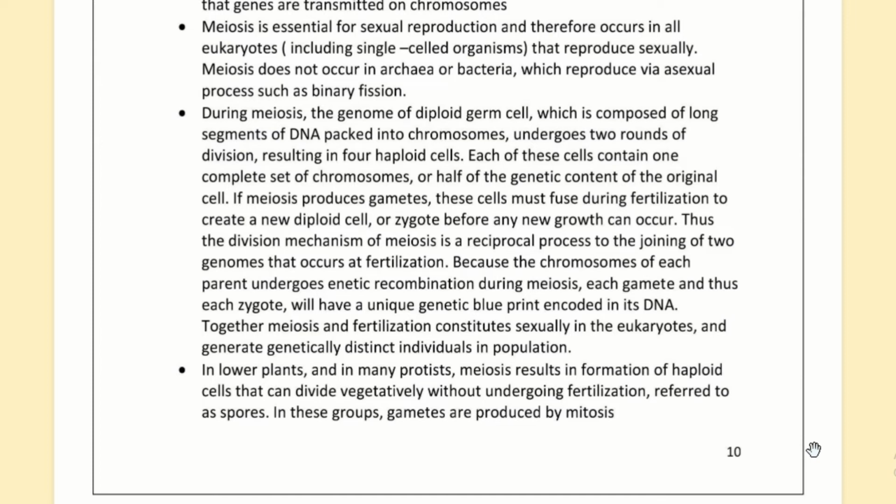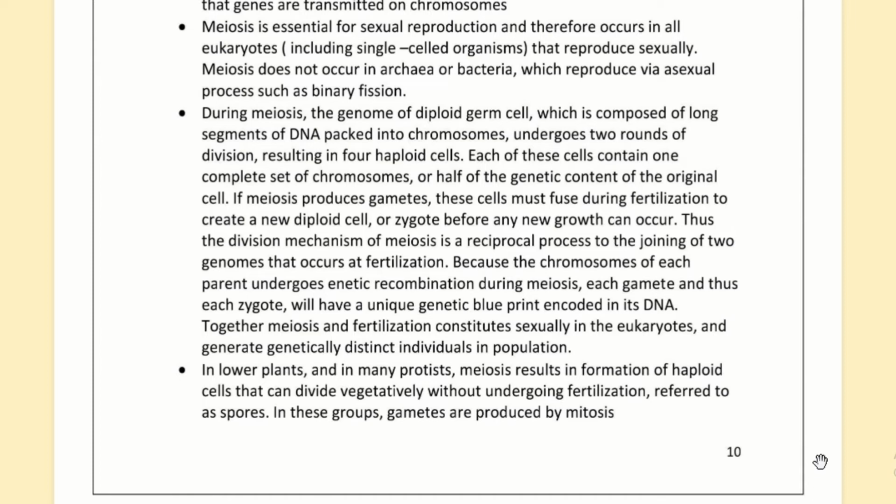Thus, the division mechanism of meiosis is a reciprocal process to joining the two genomes that occurs at fertilization. Because the chromosomes of each parent undergo genetic recombination during meiosis, each gamete and thus each zygote will have a unique genetic blueprint encoded in its DNA. Together, meiosis and fertilization sustain sexual reproduction in eukaryotes and generate genetically distinct individuals in a population.